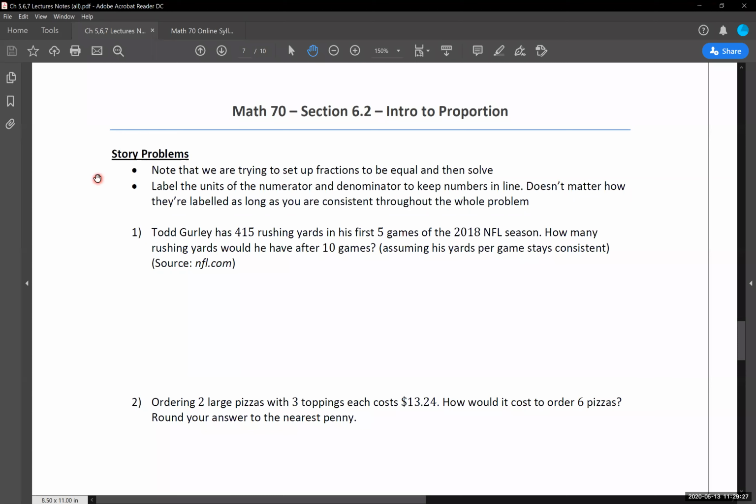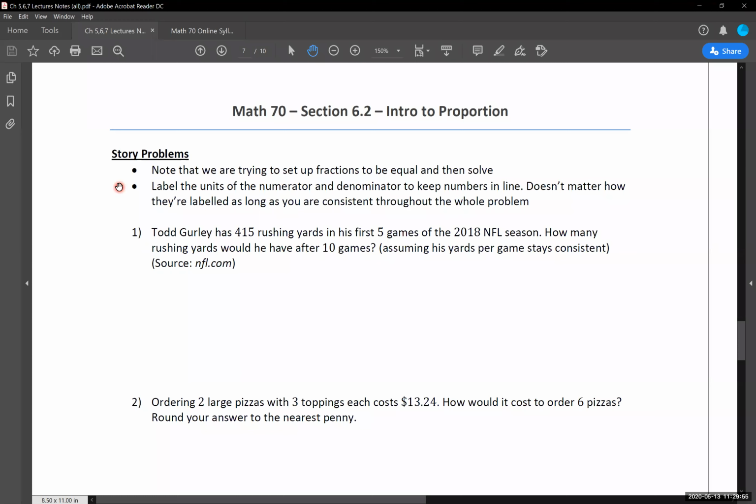Most of these story problems are going to have units attached to them. And I highly recommend when you are going through these, label the units of the numerator and the denominator to make sure that you are plugging numbers in correctly. It doesn't matter how they're labeled. So if you choose to have one unit in the numerator, but I've chosen to write the problem out with that unit in the denominator spot, it doesn't matter.